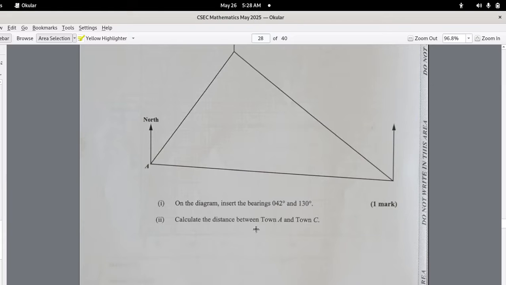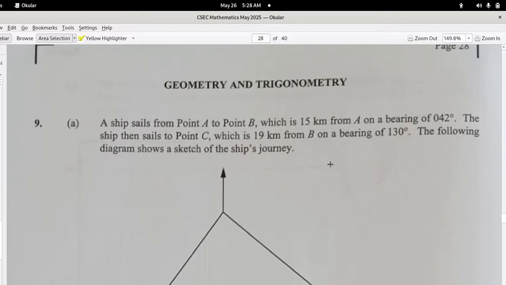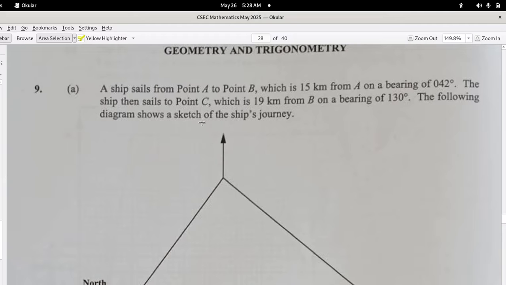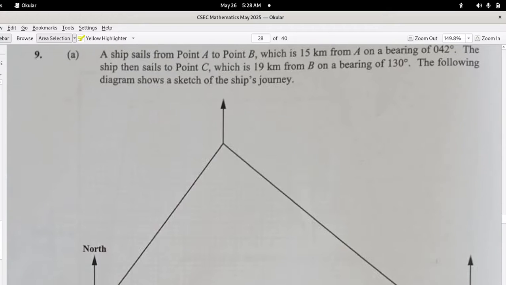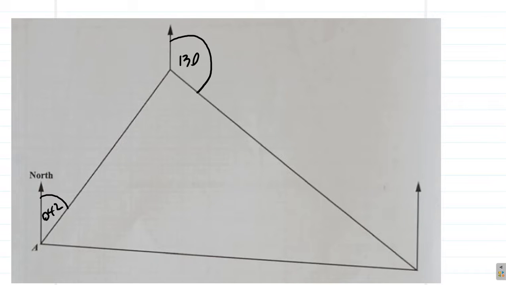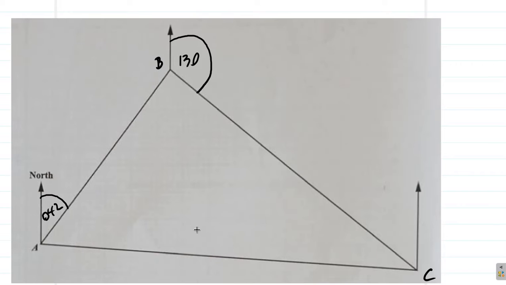The distance between town A and town C. Well, let's write the B and the C as well. So this is town B, this is C. It says to be 15 kilometers. So you have 15 kilometers here.